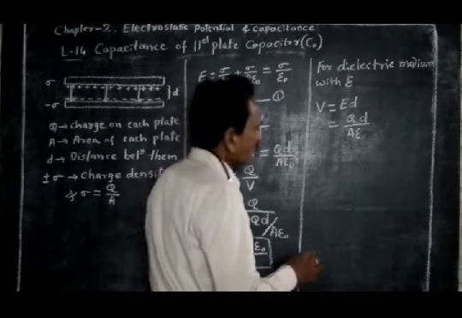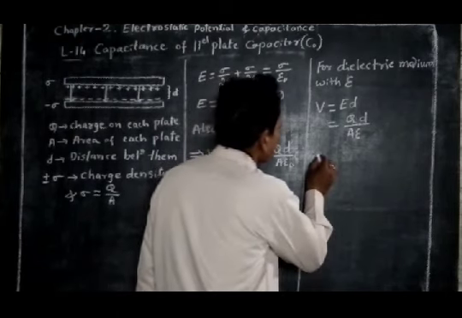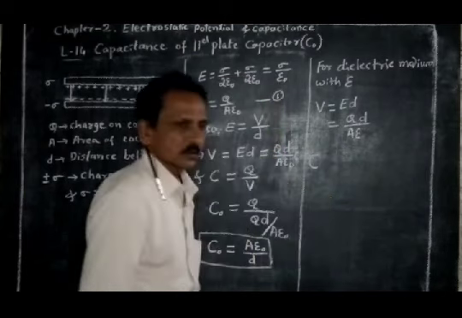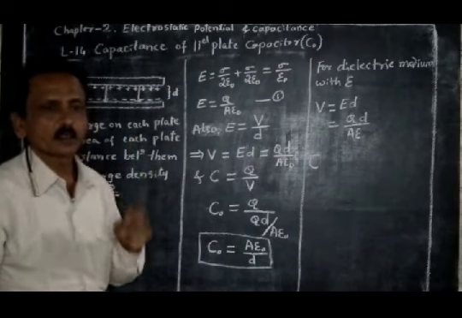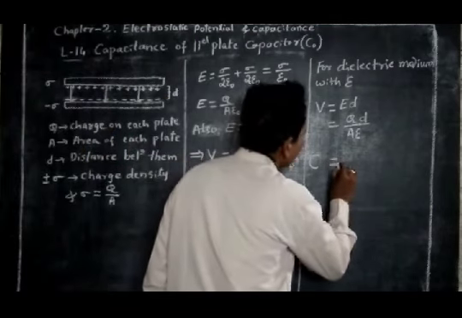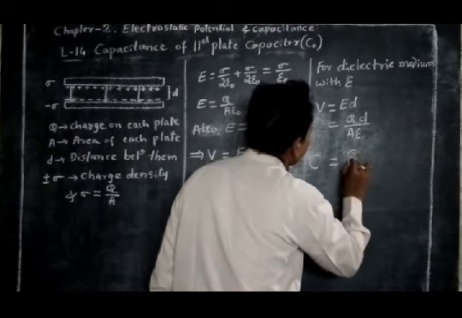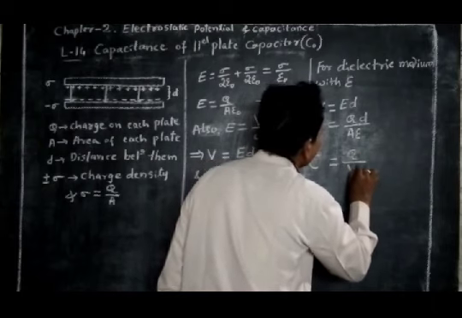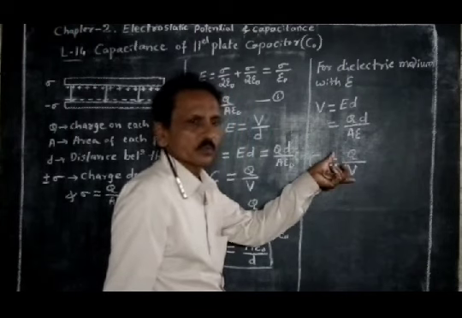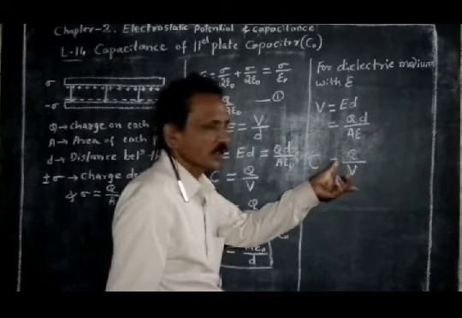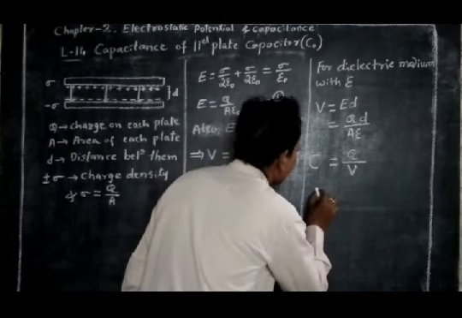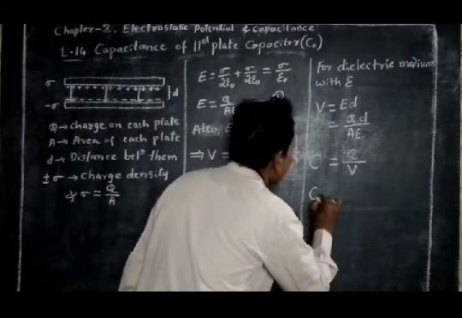Now if C is the capacitance of a capacitor with the dielectric medium, then C equal to Q upon phi. Q upon phi is the general expression for the capacitance of a capacitor.